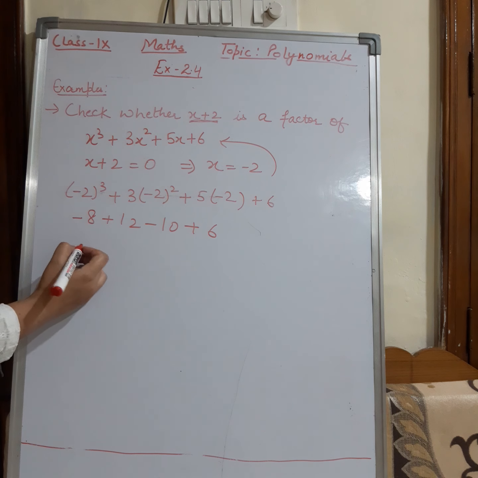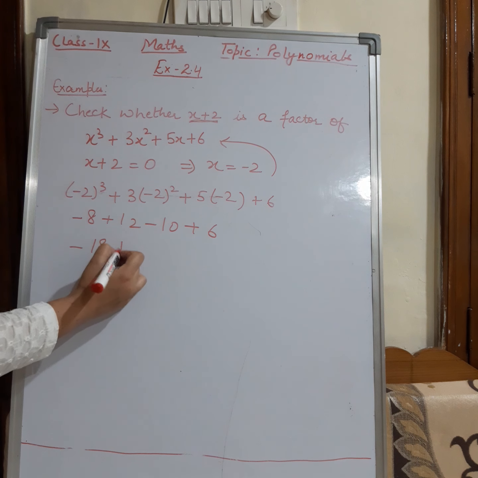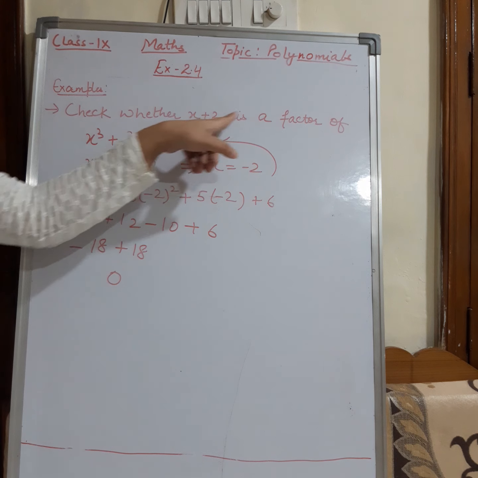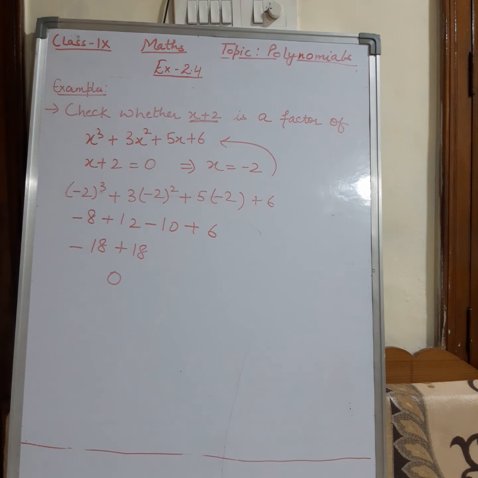Fine. So it will become minus 18 plus 18, that is 0. That means yes, it is a factor, because after putting the value of x, what we have calculated, we have used the remainder theorem here. Because my remainder is coming out to be 0, this x plus 2 is a factor of this given polynomial.